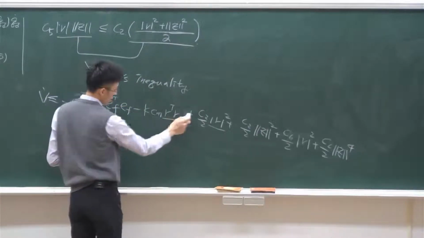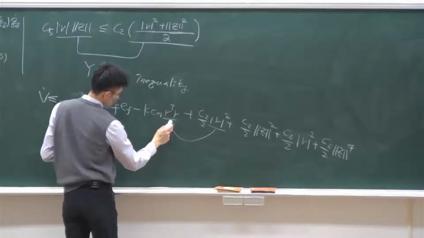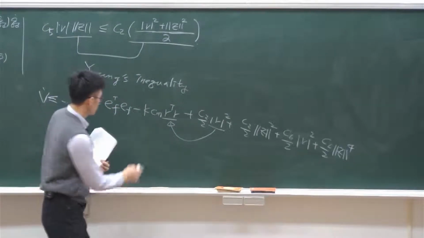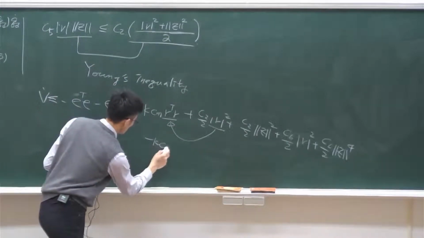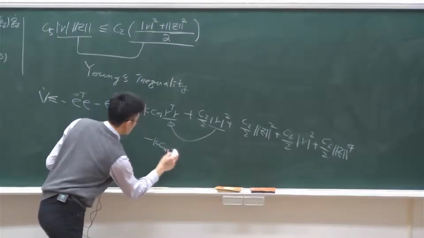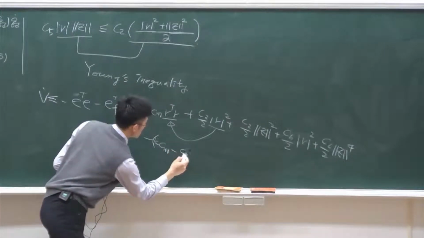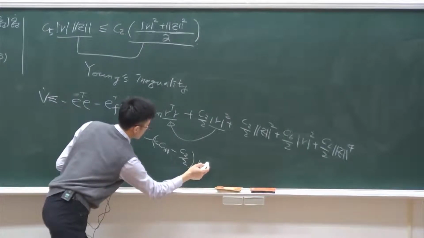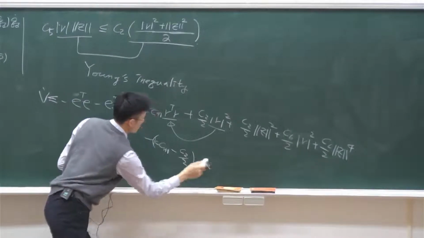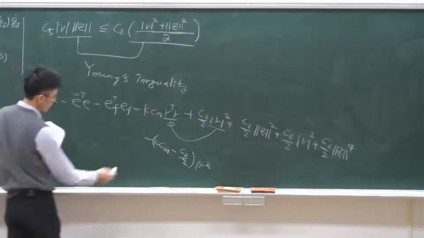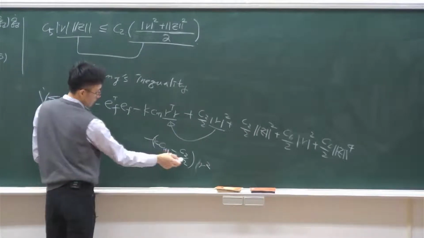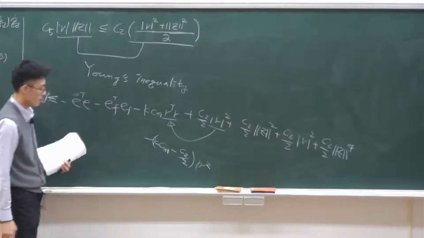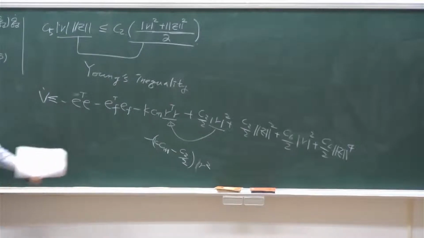Here's minus, here's plus. You can combine the two, which is Cm minus C2 over 2 R squared. Okay, so as long as K times Cm is greater than half of C2, it still be negative, right?